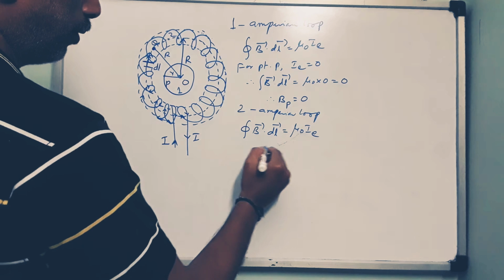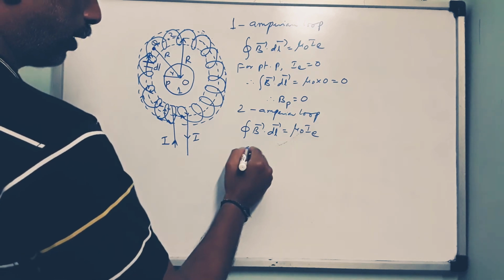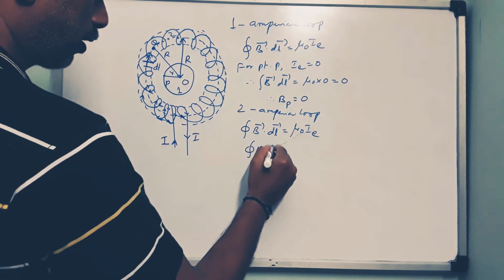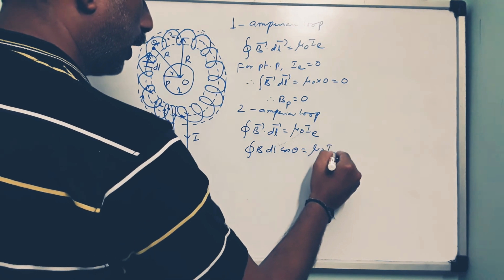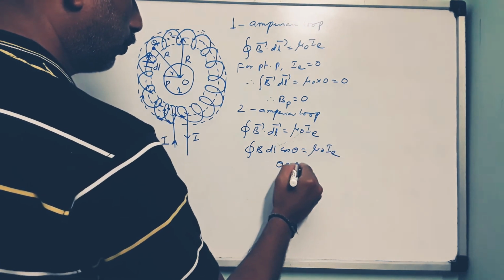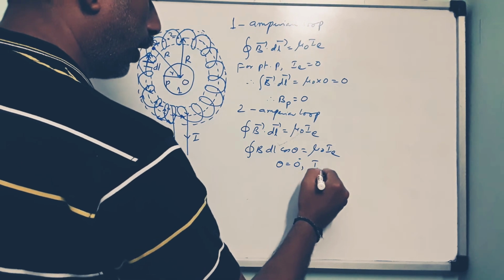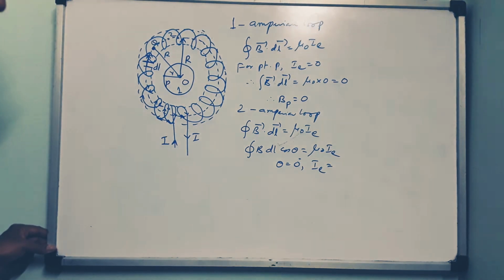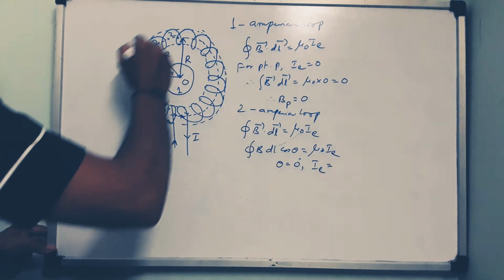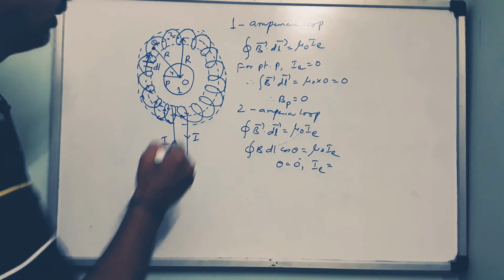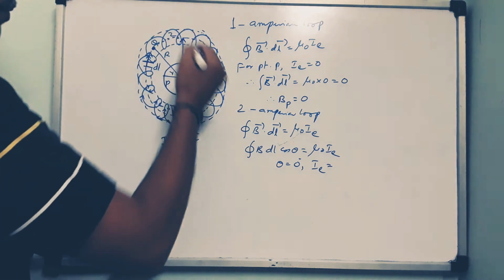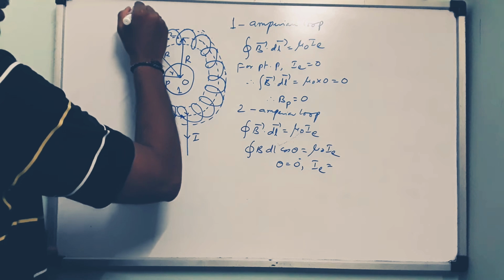Therefore B dl cos theta equals mu naught into IE. So theta equals 0 degrees, and we have to calculate the current enclosed by the Amperian loop. Each loop is carrying a current I. So there are capital N number of turns.